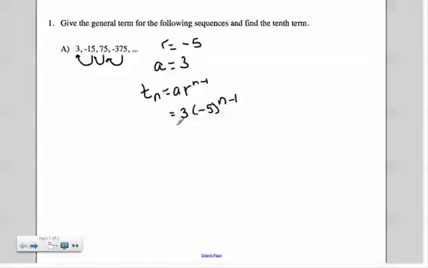A lot of times geometric formulas are less work than arithmetic because there's no simplification. BEDMAS says exponents come before multiplication. Because I don't know what n is and I can't do this exponent, I can't do this multiplication. This is not equal to -15 to the n minus 1, so make sure you don't ever multiply those in.